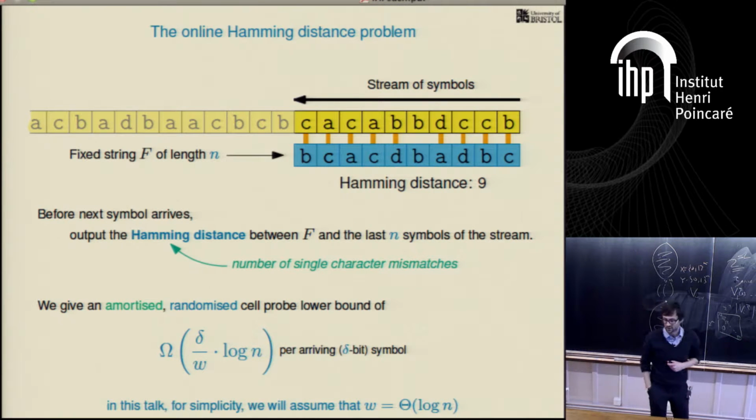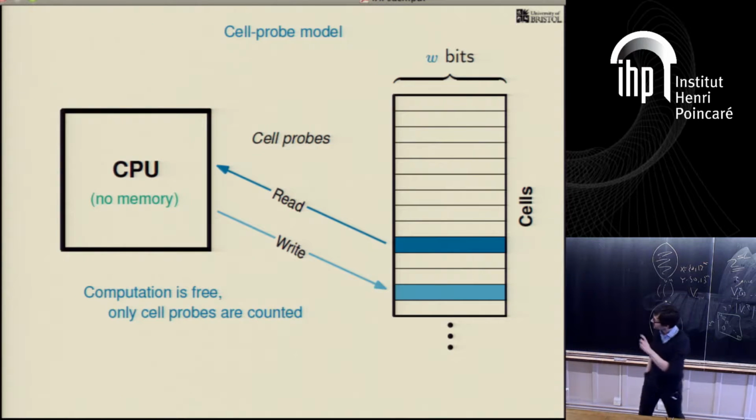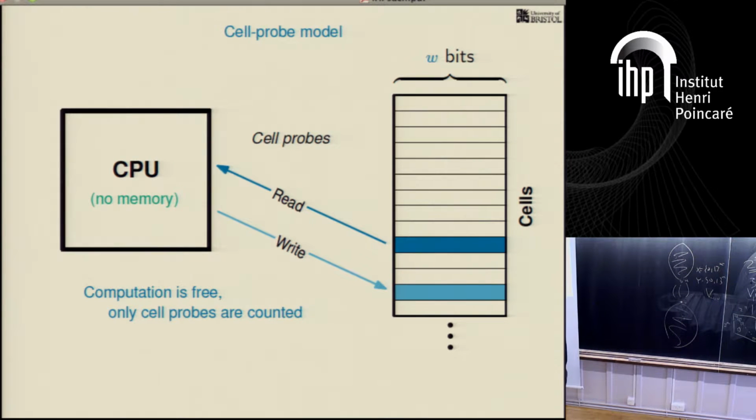So that's the problem, which was briefly discussed in a previous talk. For clarity, let's rediscuss the model, just in case anyone hasn't seen a cell probe model talk this week. In the model, there's a CPU that has no memory at all. Computation is completely free.